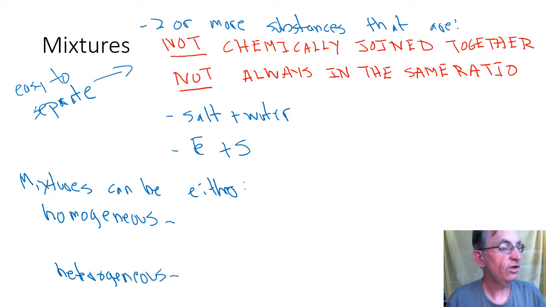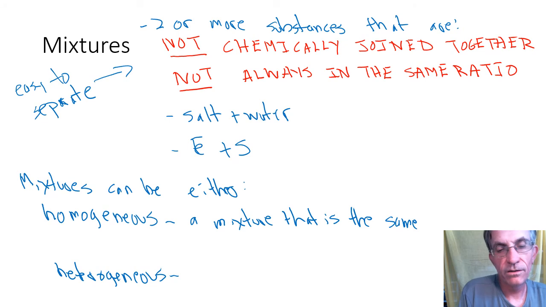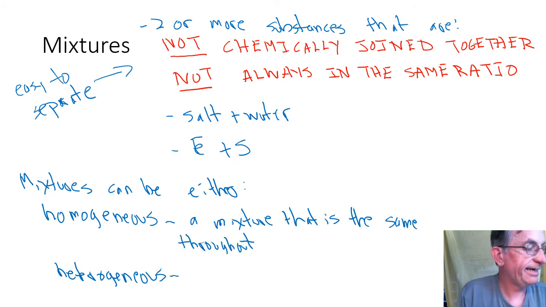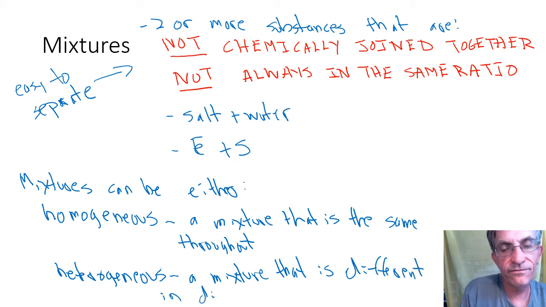All right, so homogeneous is a mixture that is the same throughout, and a heterogeneous mixture is a mixture that is different in different regions.